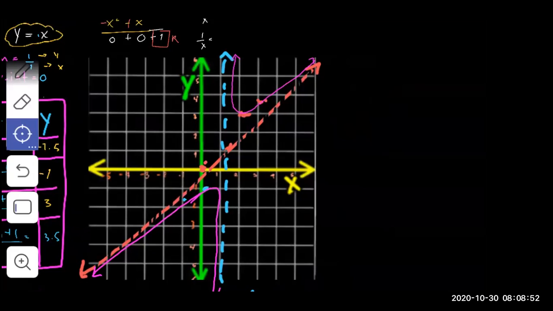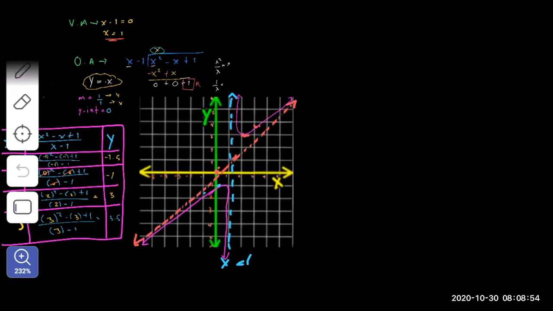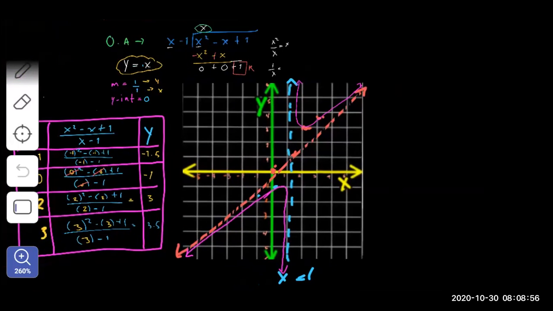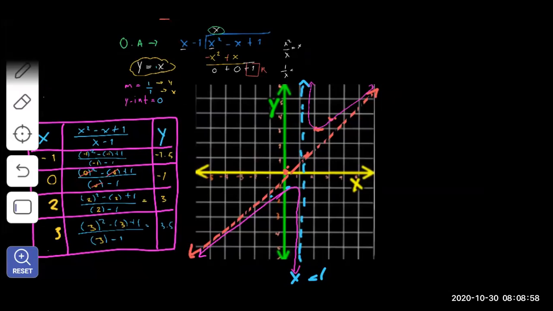Questions so far, guys? Okay, and this is the top of a function. This is how we can graph a rational function using long division. I hope, guys, I really hope that this is clearer.